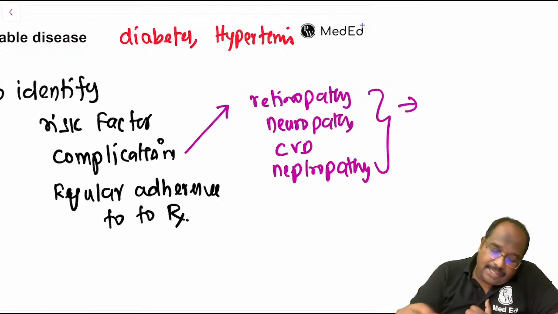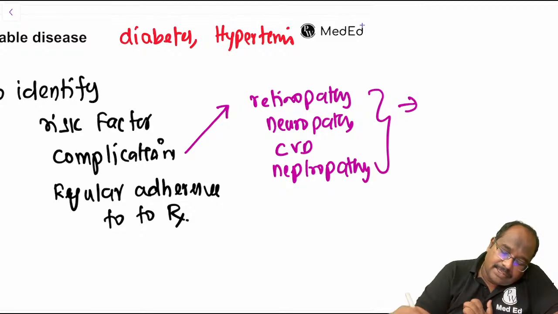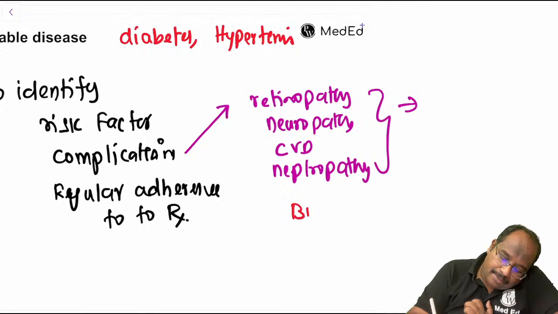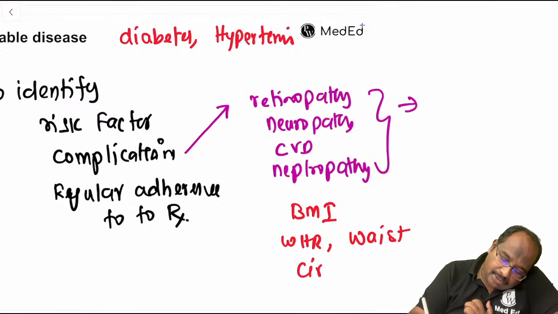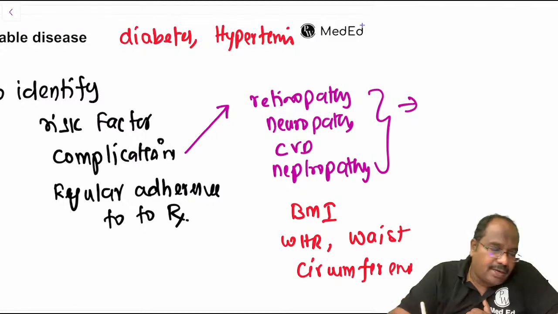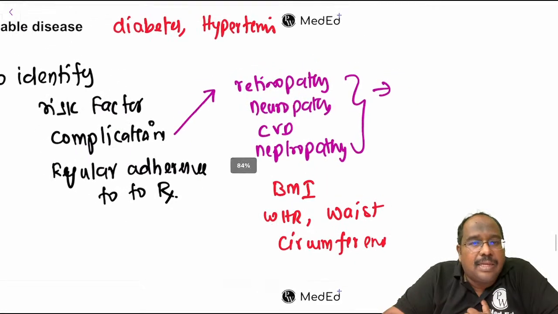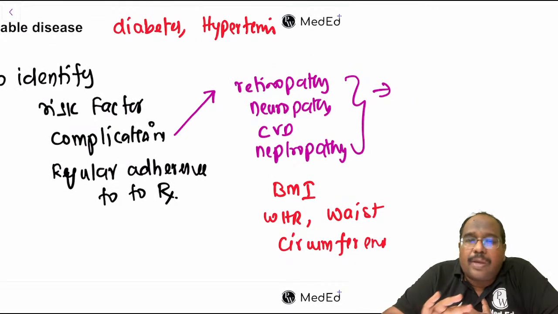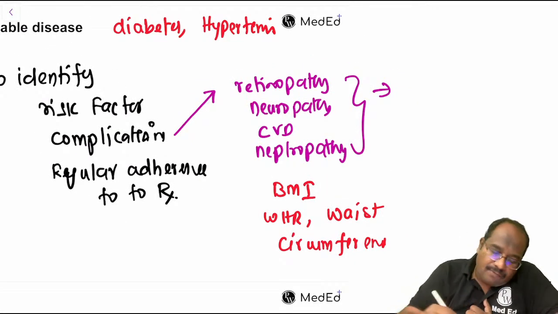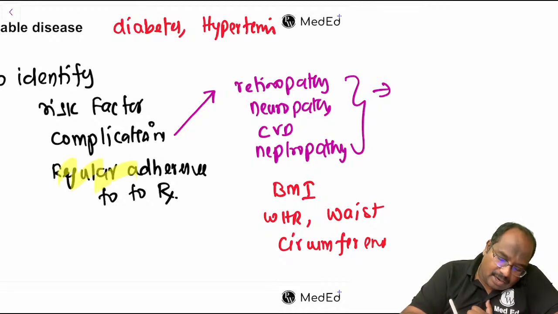Next you have to look for risk factors, especially in a diabetic and hypertensive patient. Measure BMI, waist hip ratio, waist circumference. Look for what risk factors are there, whether complications are there or not, whether they are taking the drugs regularly or not.